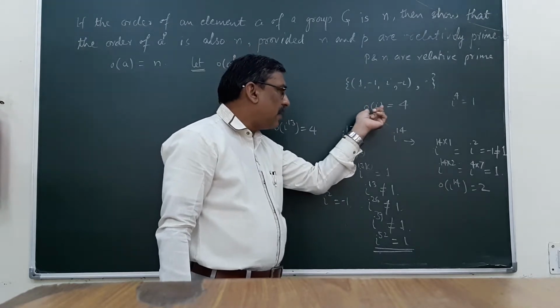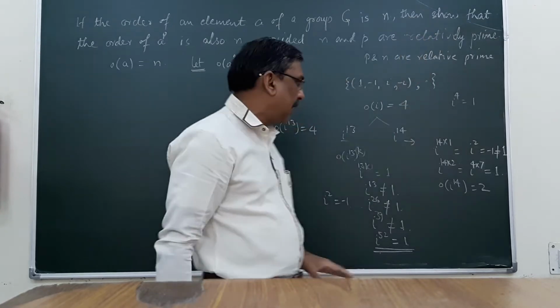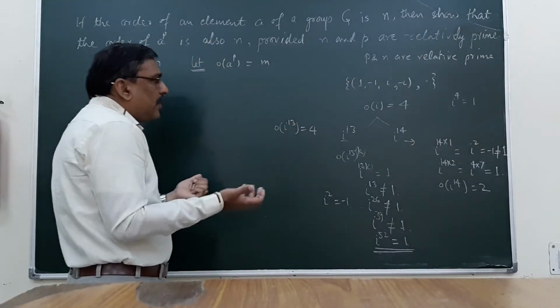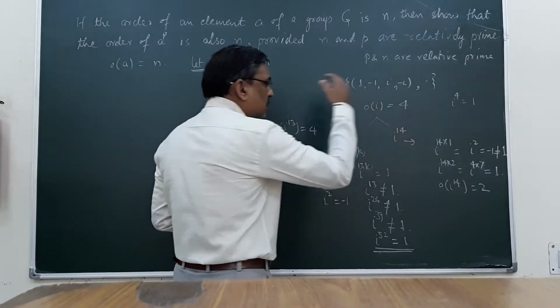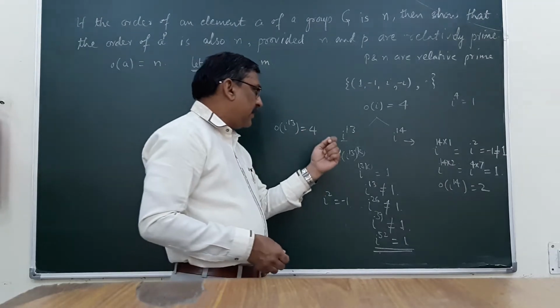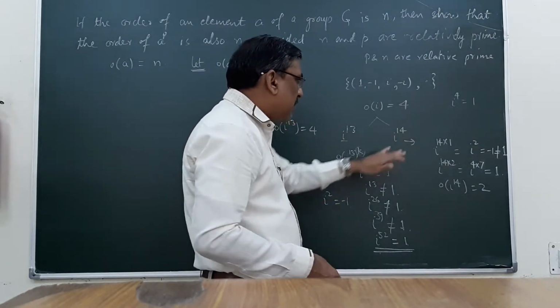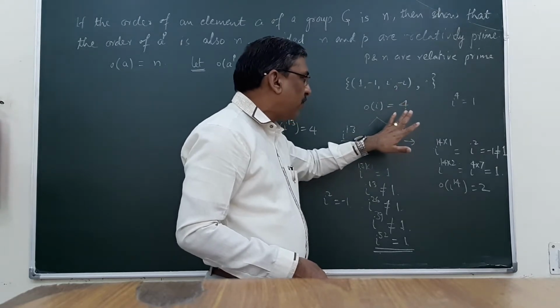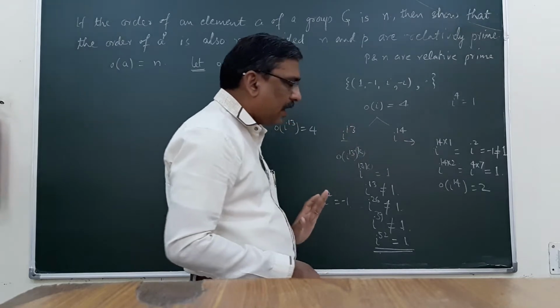We know the order of iota is 4, means iota raised to the power 4 is equal to 1. Let us take two integral powers of iota, iota raised to the power 13 and iota raised to the power 14. We can clearly see that 13 is relatively prime to 4 and 14 is not relatively prime to 4.